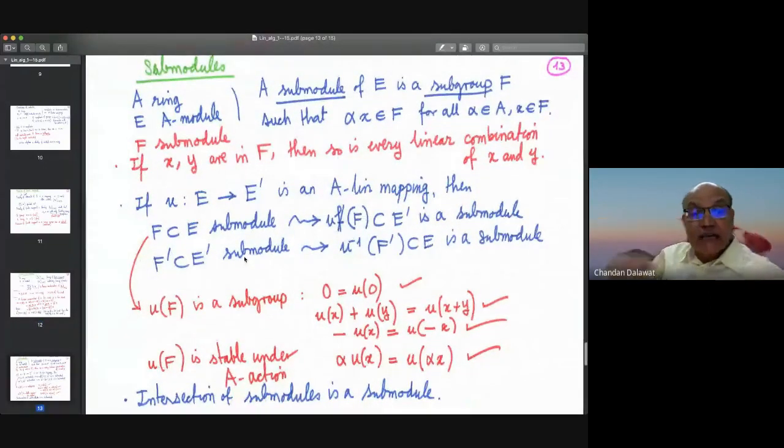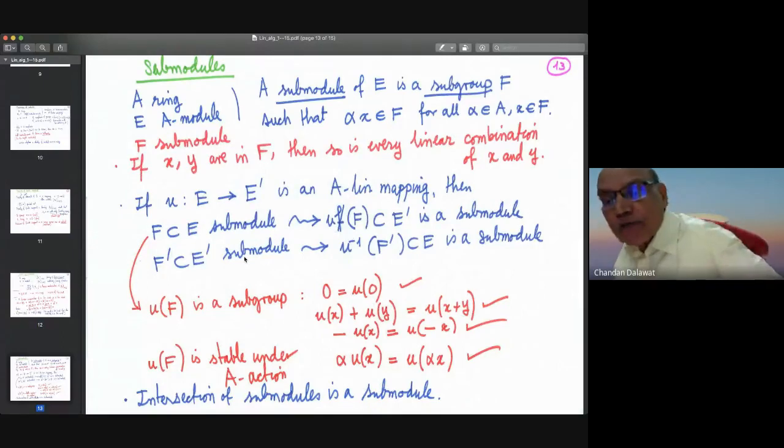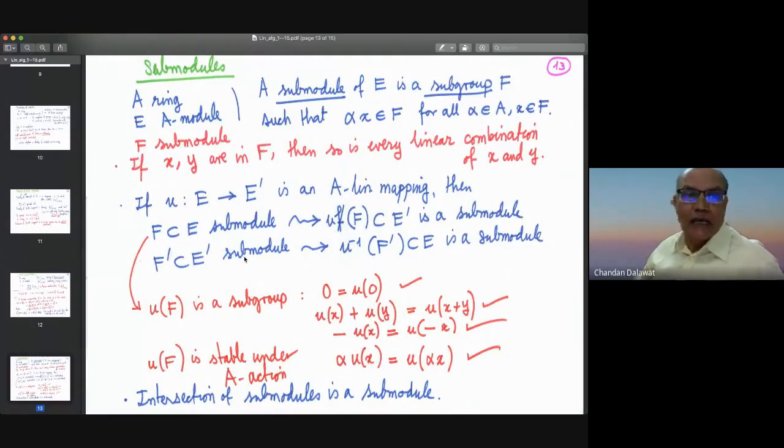So earlier we had the notion of a subgroup of a group, right? And I didn't mention the notion of a subring of a ring. But let's talk about the submodules of a module.